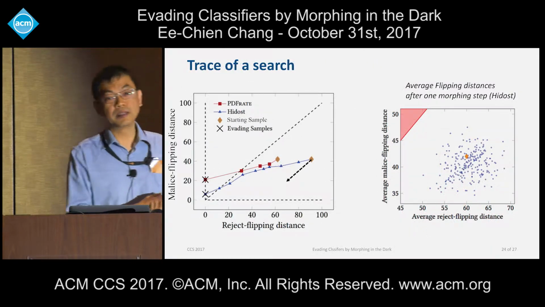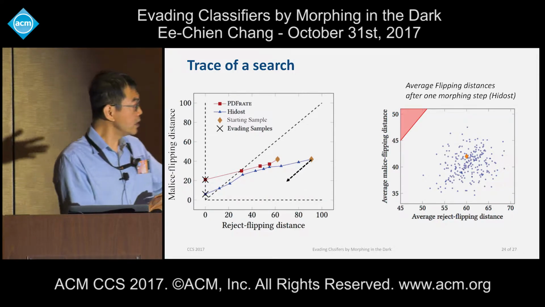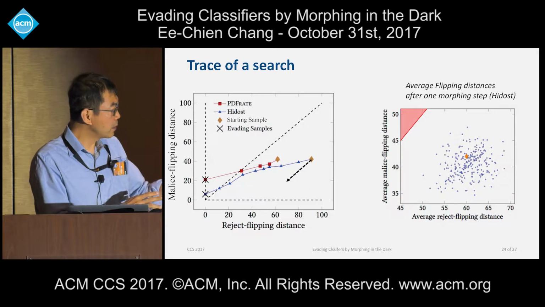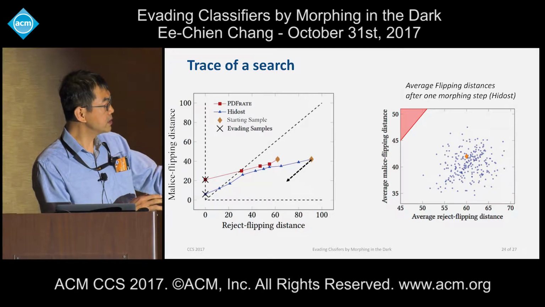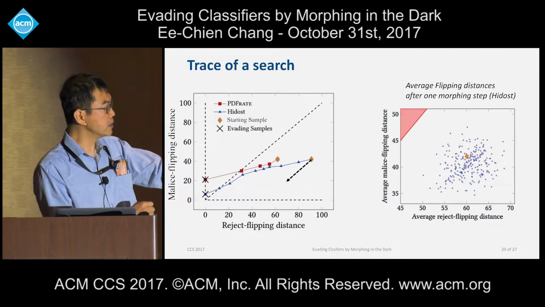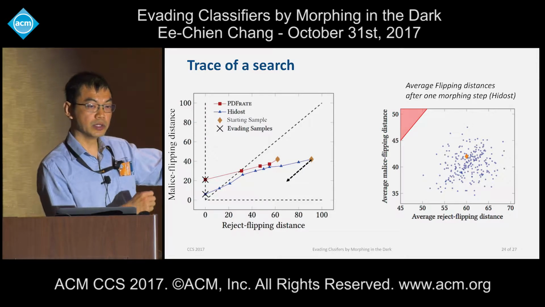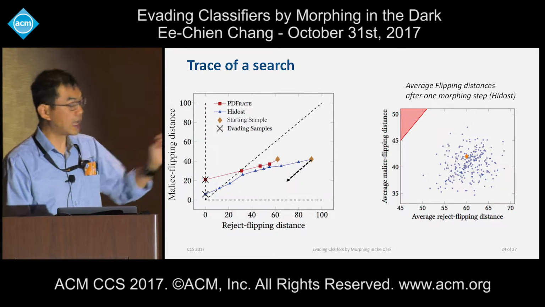Let's look at a typical trace during the search process. On the left, the x-axis is the reject flipping distance, and the y-axis is the merely flipping distance. When you plot a point, that shows the flipping distance of that sample. The starting sample is the diamond shape.